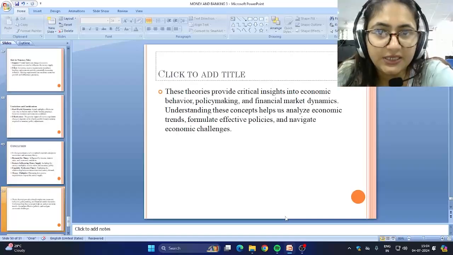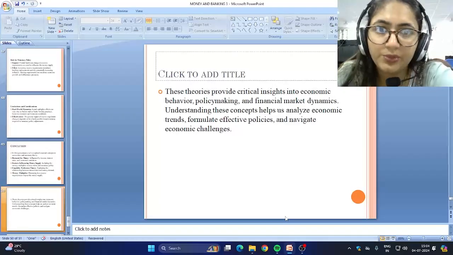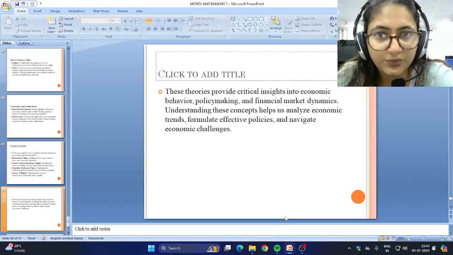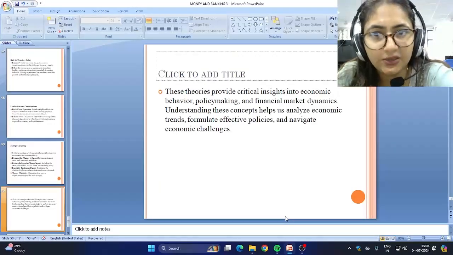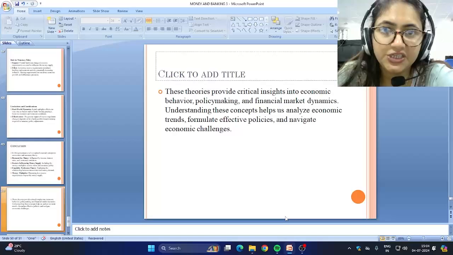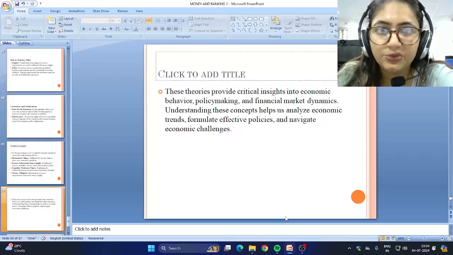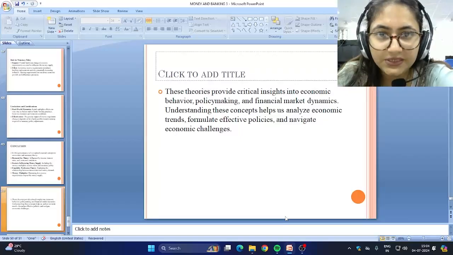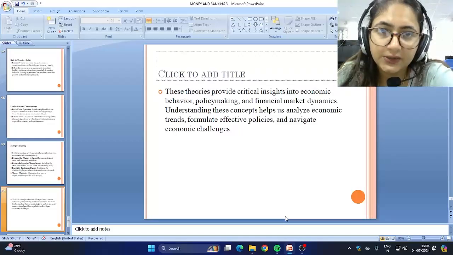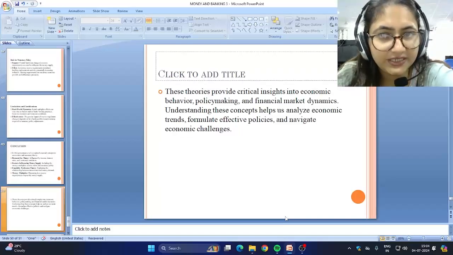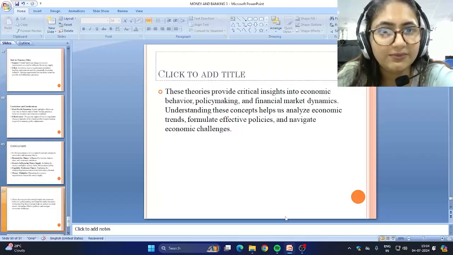To conclude, I would say economics and monetary theory provide essential frameworks for analyzing how individuals, businesses, and governments make decisions about money, investment, and economic policy. Factors such as interest rates, income levels, and regulatory policies play a critical role in shaping economic outcomes and financial market dynamics. The interplay between monetary theories and real-world economic conditions underscores the complexity and importance of informed policy-making strategies and decision-making.